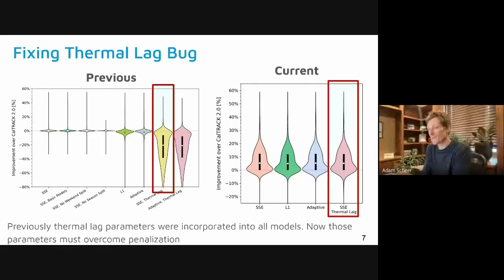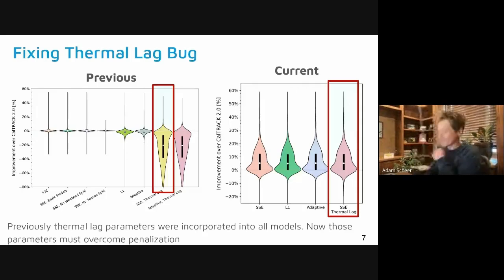There can be bugs in the code, and this was certainly one of them. So we've remedied this issue, and now I think we have thermal lag that is basically incorporated only when and where the benefit of the inclusion outweighs a penalization term that we've included in the model selection. So this is good news. That's all I really wanted to mention on thermal lag. It's just to clear that up.